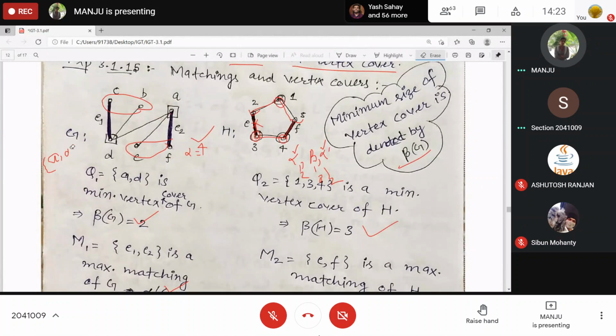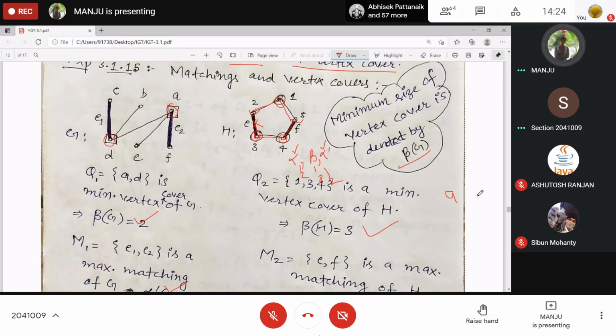Now, at this point, I told you about maximum matching. Here we have A and B. This is your minimum vertex cover set, right? So, can any vertex cover any two edges of the matching?